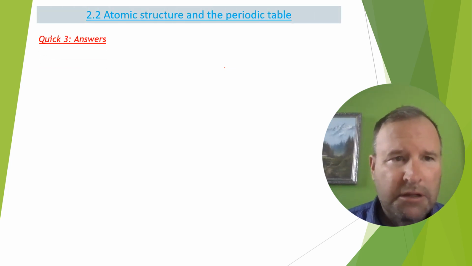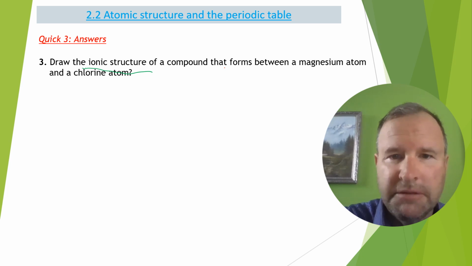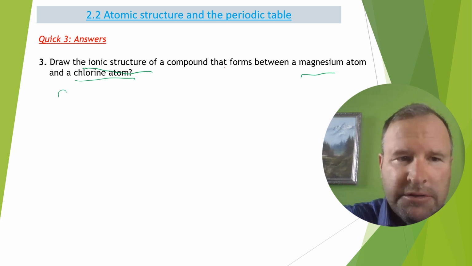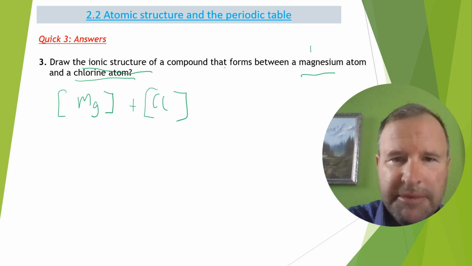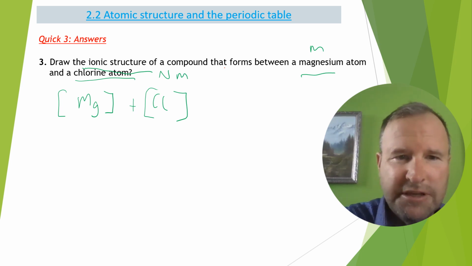So third final answer for quick 3 on ionic bonding. We're looking at an example. Draw the ionic structure of the compound that forms between the magnesium atom and the chlorine atom. In shorthand terms, I'm just going to write the magnesium atom here, plus the chlorine atom here. Remember, the magnesium atom's a metal, the chlorine atom's a non-metal. Hence, you'll have a propensity to form an ionic compound.